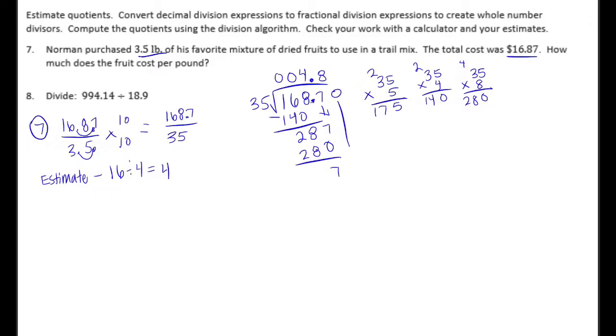I'm going to add a 0 and keep going because I still have a remainder. So 35 can go into 70 twice. So my answer is 4 and 82 hundredths, and so it costs $4.82 per pound.